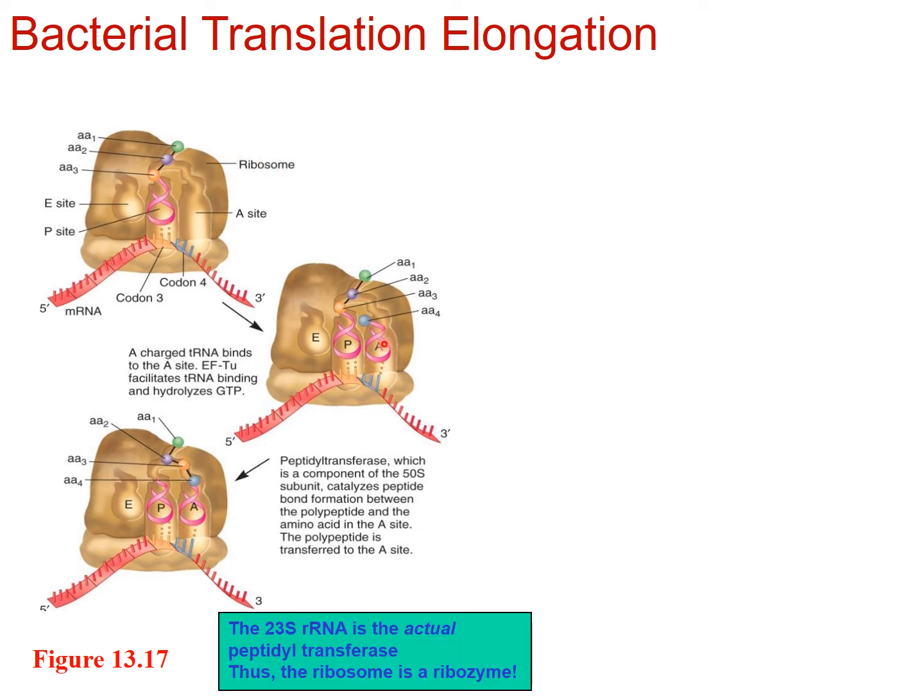So the incoming transfer RNA, so it's going to be the fourth amino acid, comes into the A site. The growing peptide chain gets transferred to the amino acid on the transfer RNA that's in the A site.